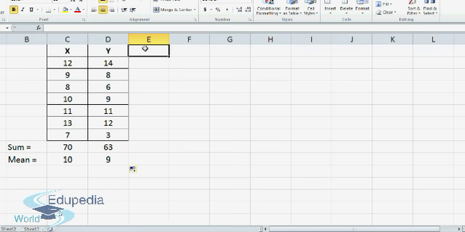Next I need to find the value of xi minus x bar, that is xi minus the mean of x, and yi minus the mean of y. The x here is 12 minus the mean, 10.